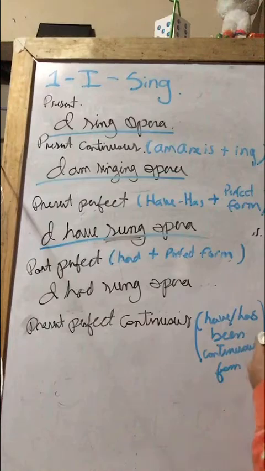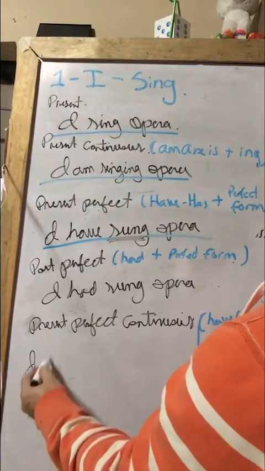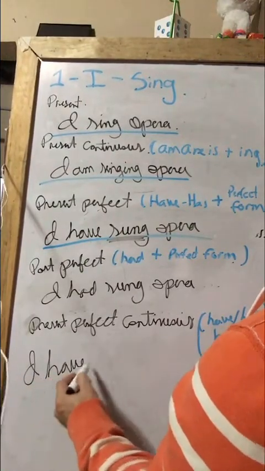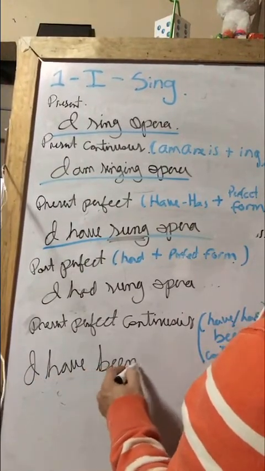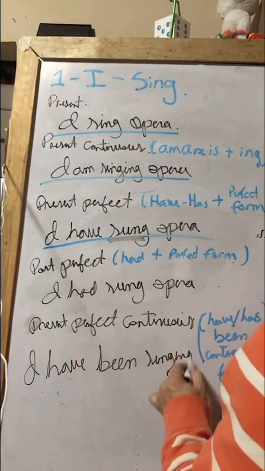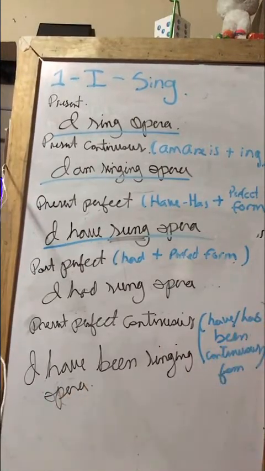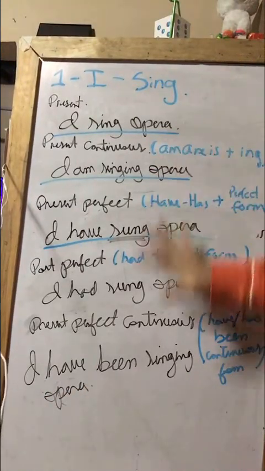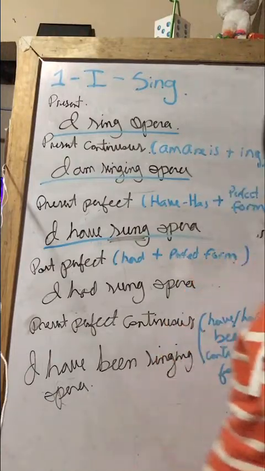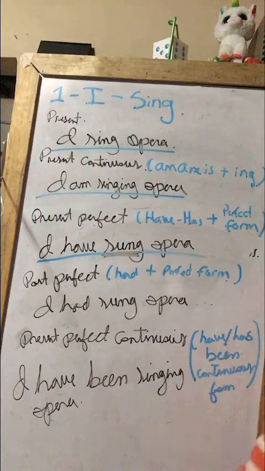Okay? A lot of things that you have to add. So what are you gonna add? So you are gonna write I have been singing, because we said that the continuous form, opera. Okay? So as you can see, it's a whole chain of instructions that you have to remember so you can make your sentences. This is a very simple topic.